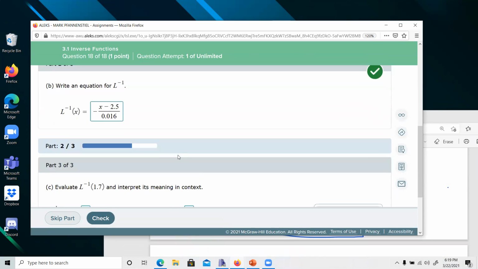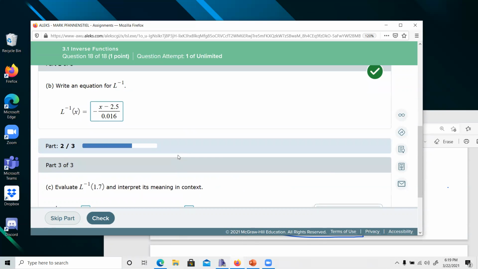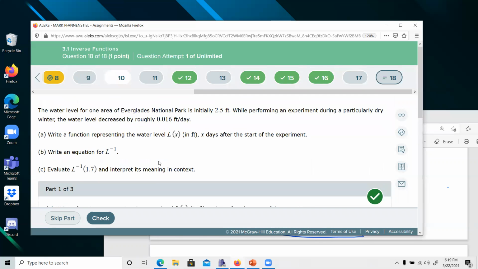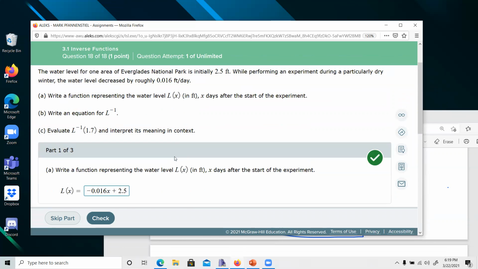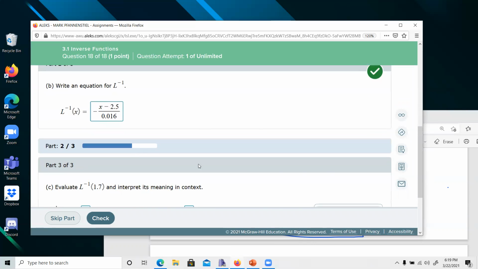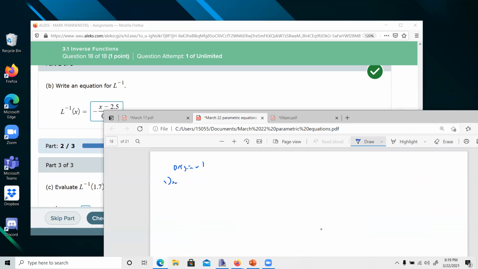It did. Now, what is the meaning and what's going on here? Okay. So when we talked about the thing, right, the level was the water level in feet. So y is the water level in feet in the original function, and x is the number of days. So in the original function, the domain was the time, in days.